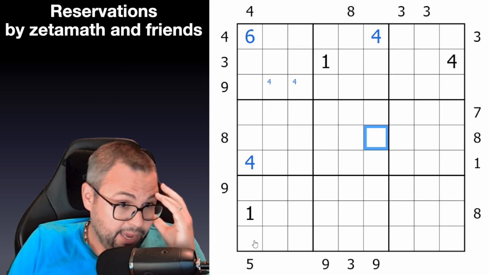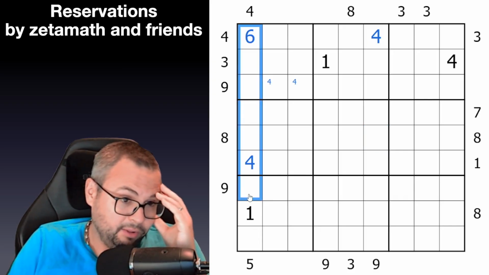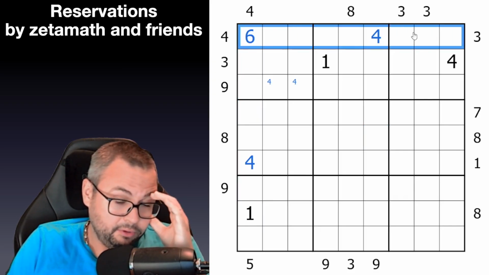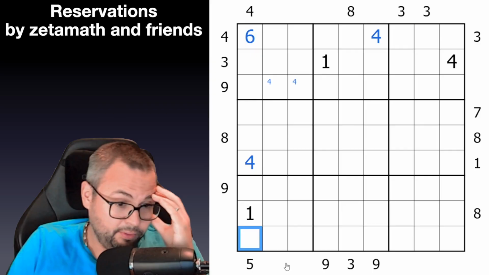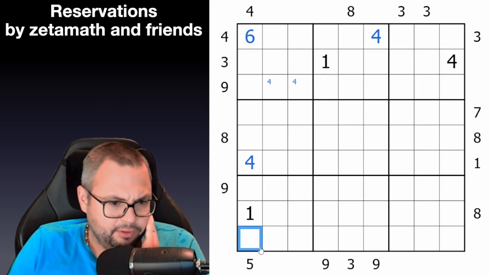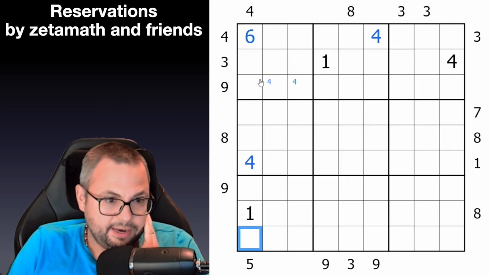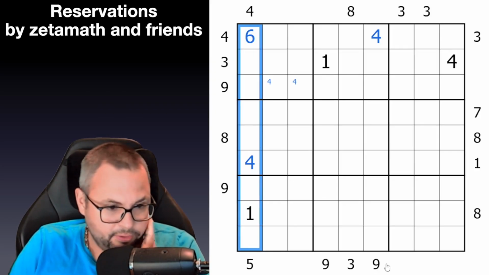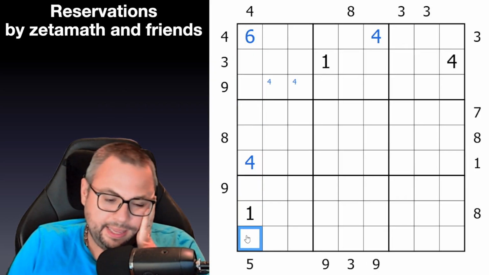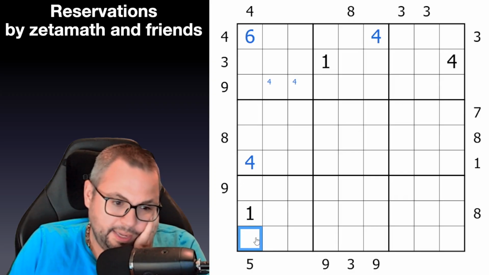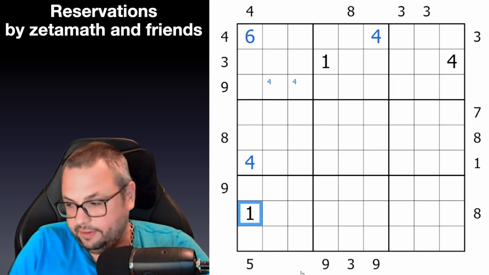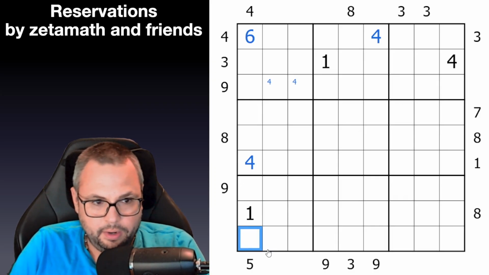Maybe we should look at, like, this column and this row are getting a little bit crowded. Let's have a look at what they can do. So this 5 I need to place somewhere around here. This can't be a 1. It can't be a 2 because I'd place the 5 on top of the 1.